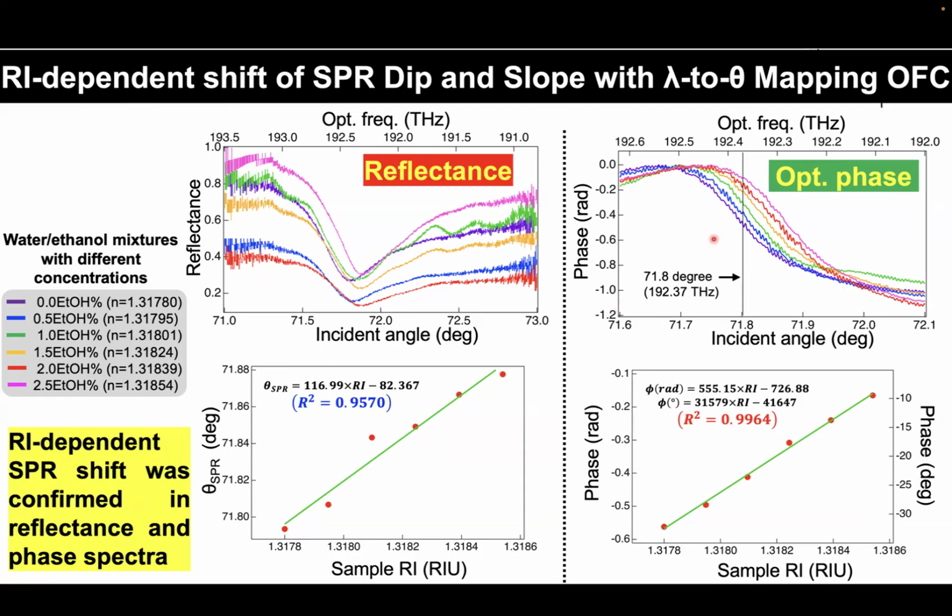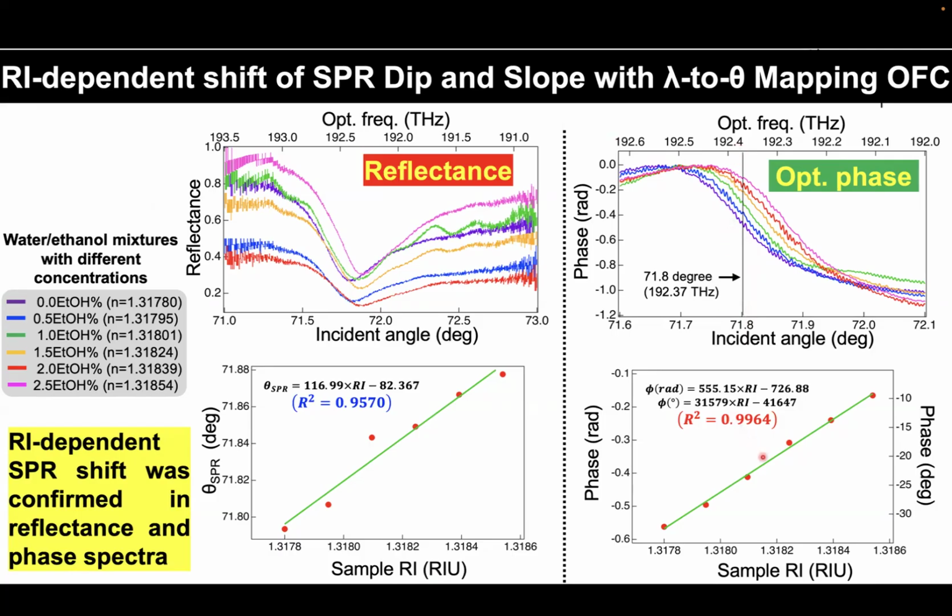Conversely, the top right shows the optical phase spectrum with respect to the incident angle. So the phase slope appeared and the RI-dependent shift is smoother. Then we calculate the phase change from the phase value at the fixed angle of 71.8 degrees.